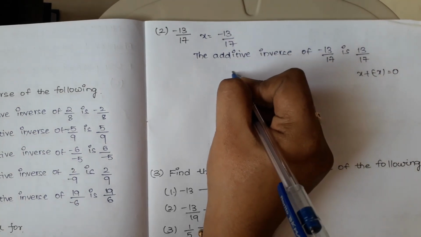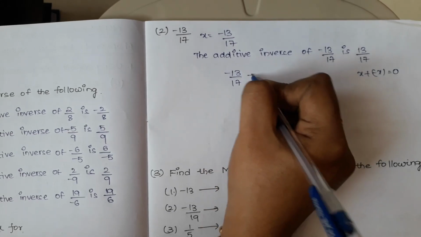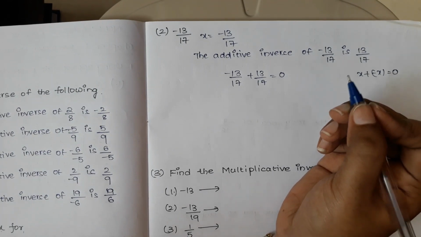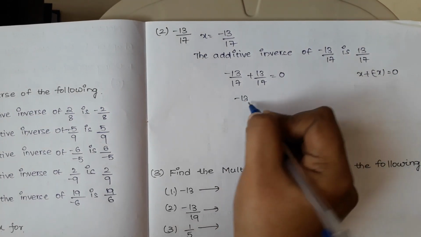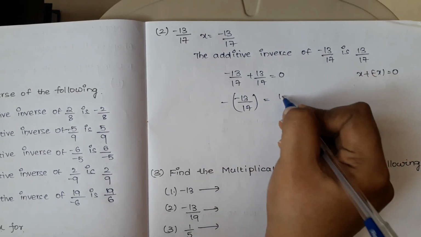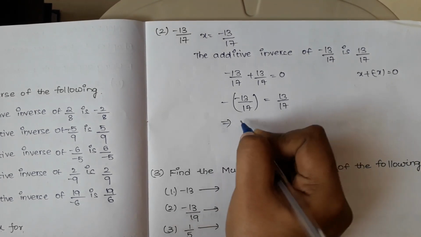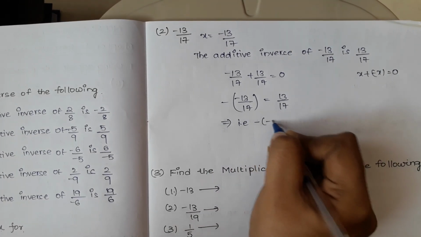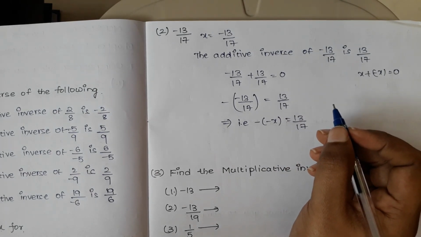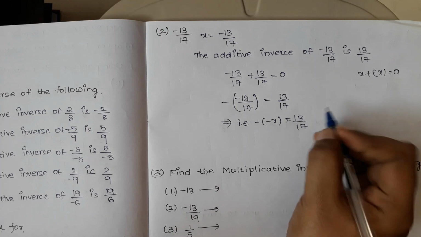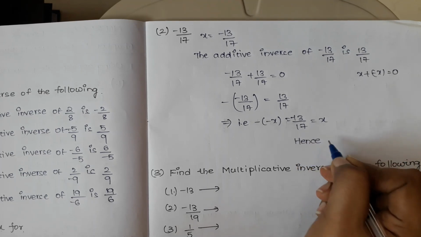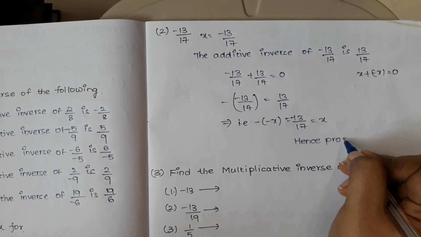Now 13 by 17 plus minus 13 by 17 equals 0. Now minus of minus 13 by 17 equals 13 by 17. That is, minus of minus x equals 13 by 17, that equals x. Hence proved, similar to the above problem.